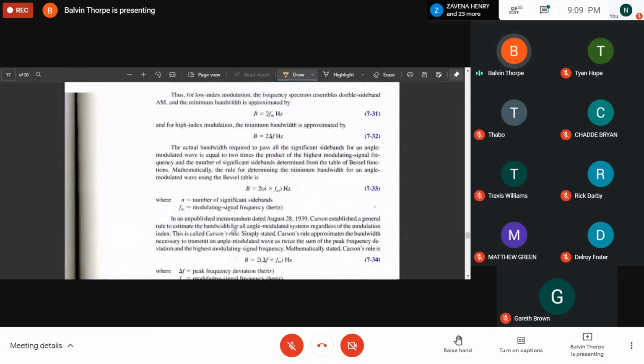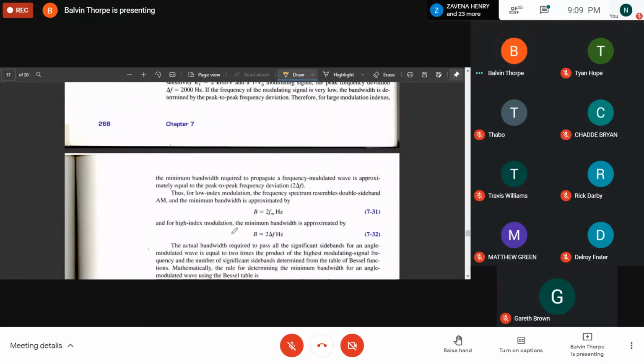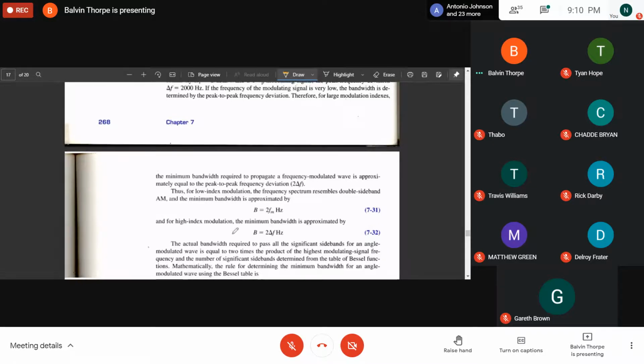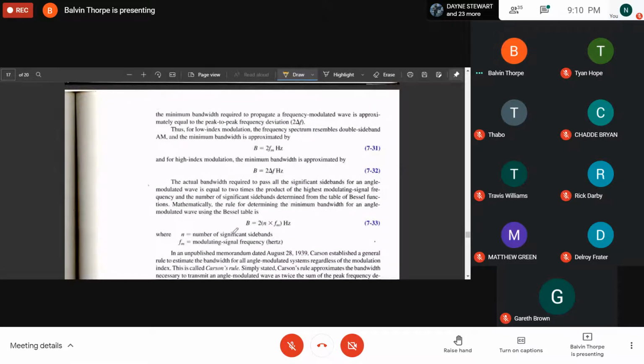And by extension, these are the formulas, ladies and gentlemen, that you use for FM modulation bandwidth calculation. Okay? The Bessel function says the bandwidth of an FM wave is given as 2 times n.